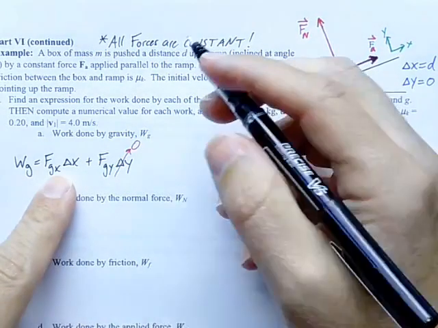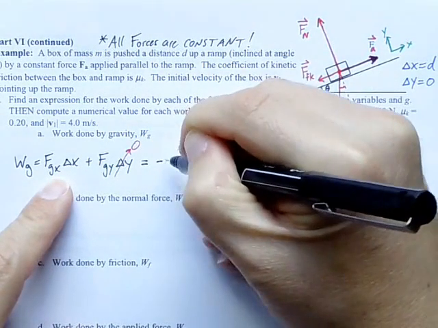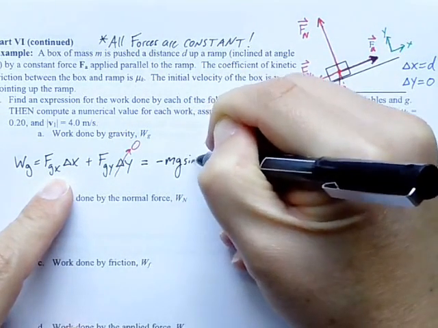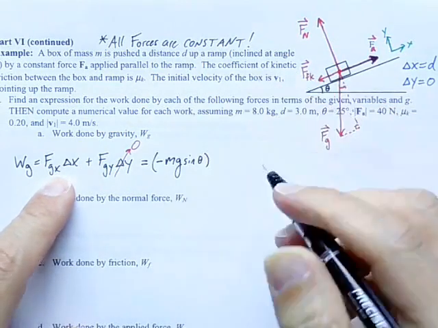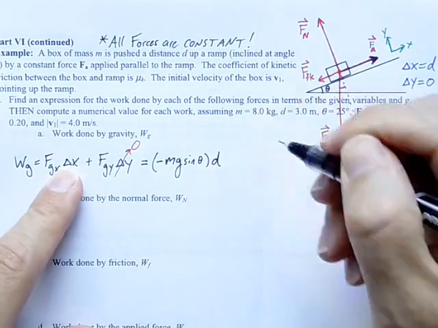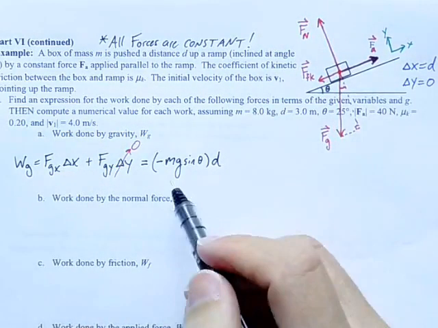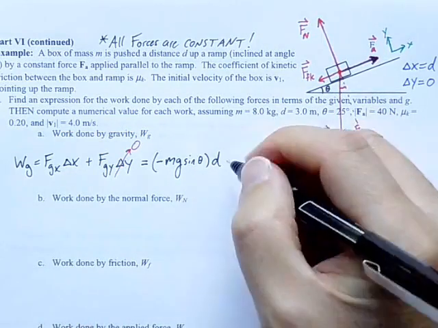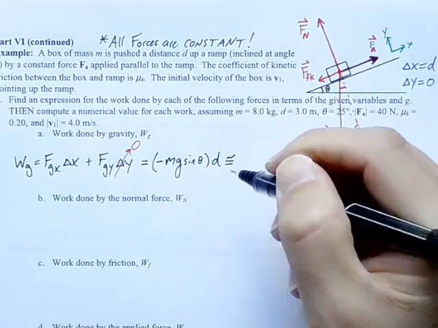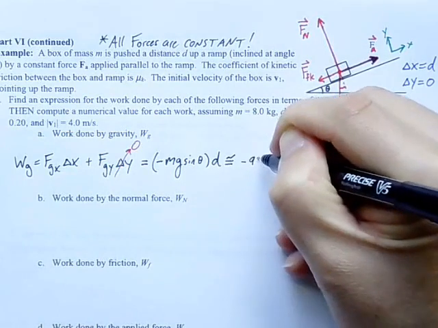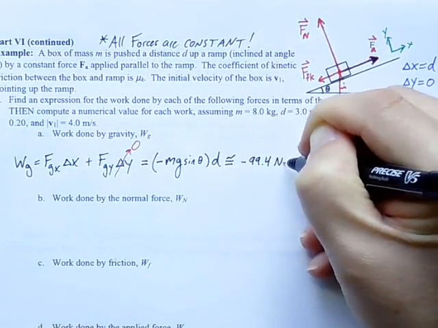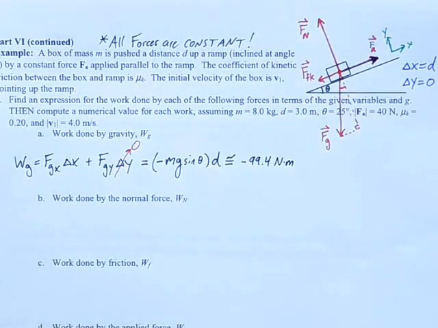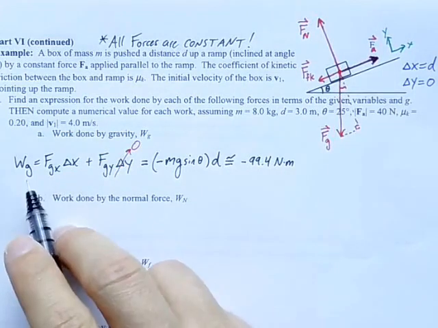Okay, so Fgx is minus mg sine theta, and our delta x is positive d. And there we go. This expression is indeed negative as we predicted. Plug in the numerical values, do the arithmetic, and we'd get a value of about negative 99.4 Newton meters, the unit for work.